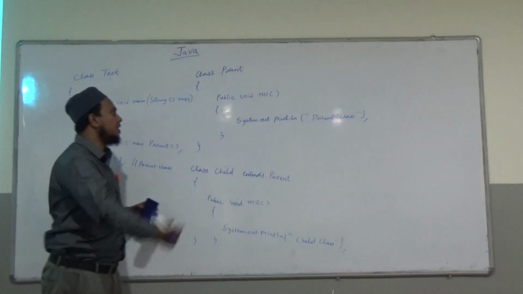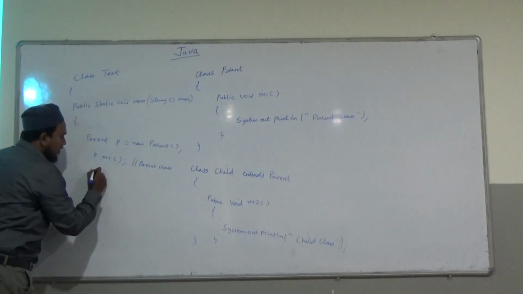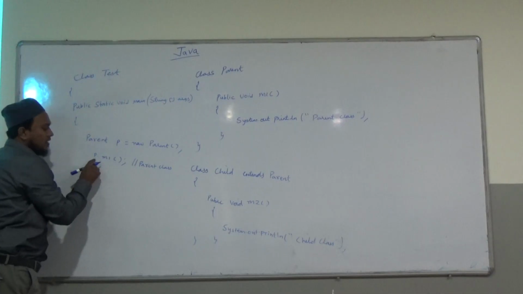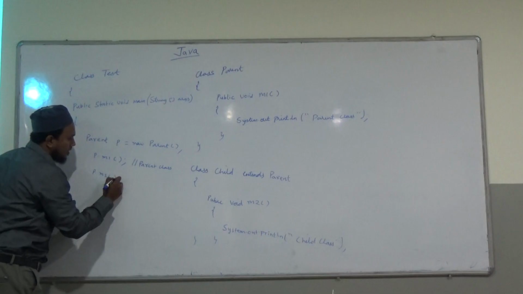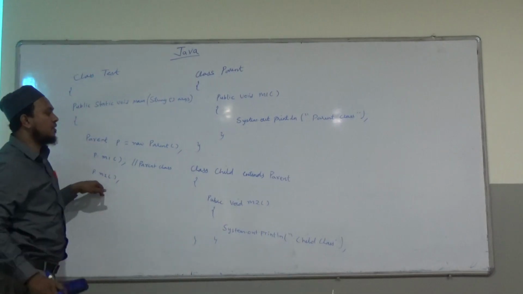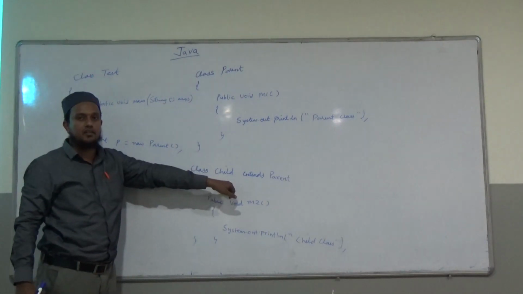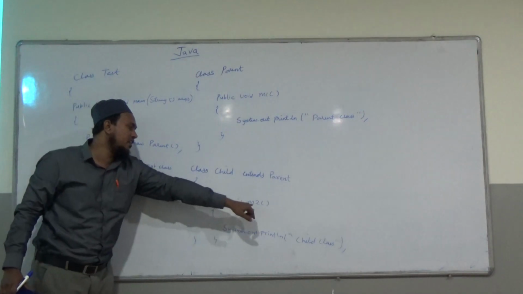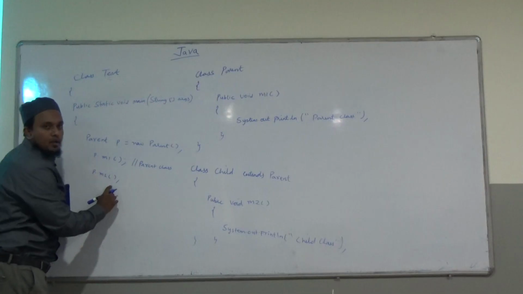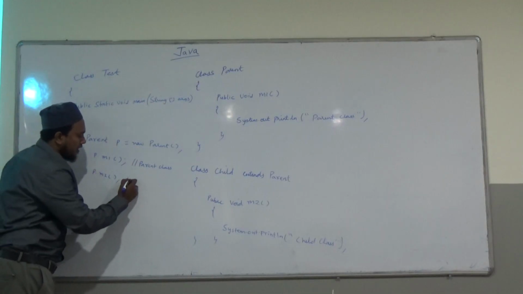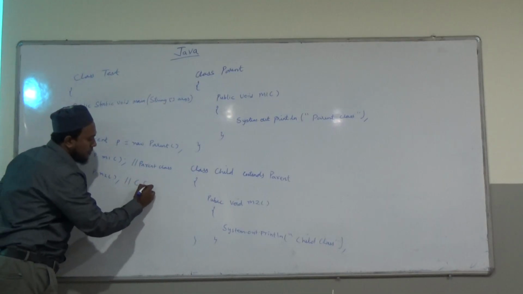Now pay attention. With the parent class object reference P dot, I am trying to call m2 method. M2 method is available in which class? Child class. Yes or no? In child class we are having m2 method. If I try to call P dot m2 method, immediately I am going to get compile time error.